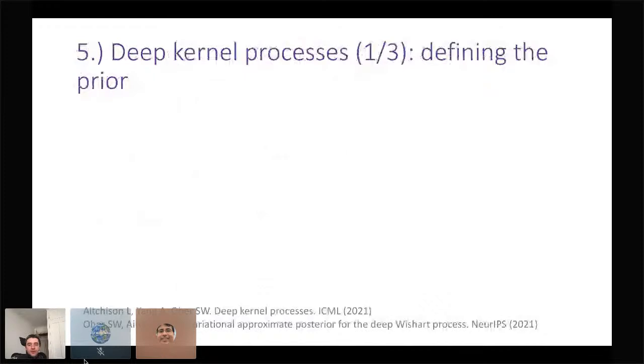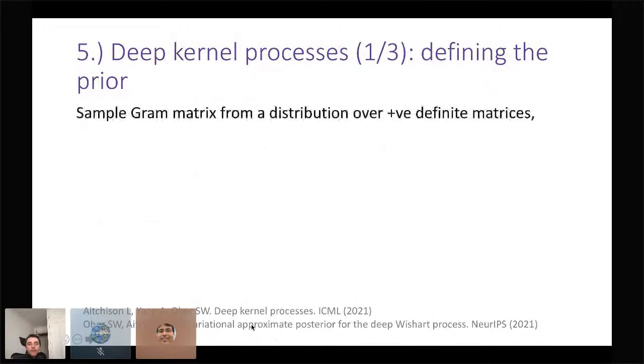Okay. And then finally then, it's worth talking a little bit about those deep kernel processes. So that Bayesian or probabilistic form. And this is actually where we started with those two papers down there. So the idea is that we're sampling a Gram matrix from a distribution over positive definite matrices.